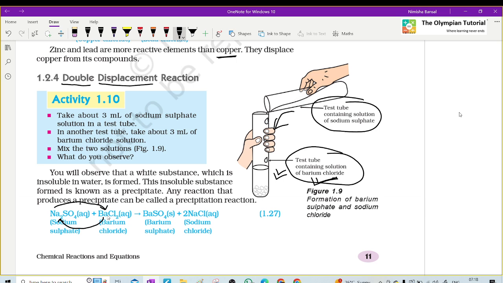Write down the heading double displacement. Written?